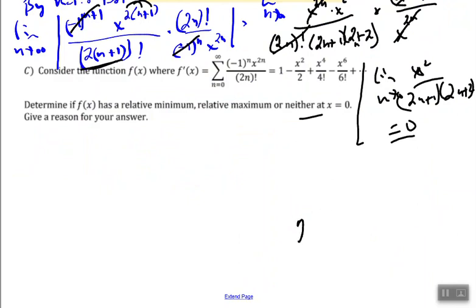So we have 2n plus 2 factorial. As you kind of know, that means 1 times 2, and then we'll get to n, then we get 2n, then we have 2n plus 1, then we have 2n plus 2.